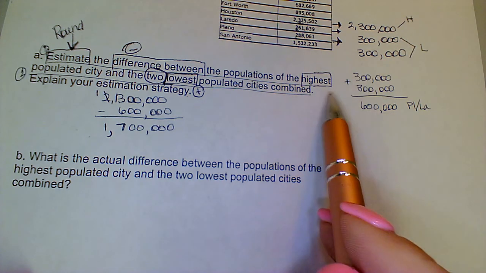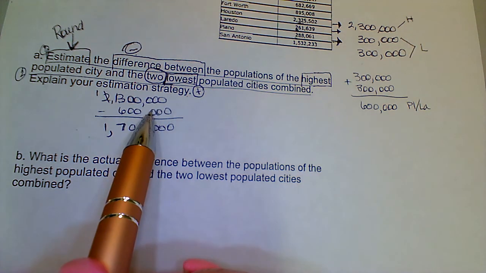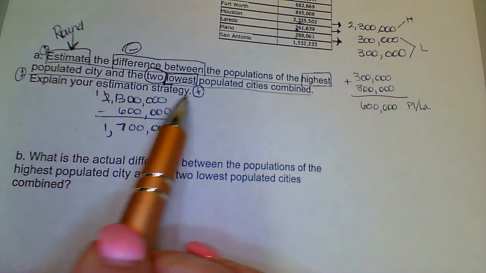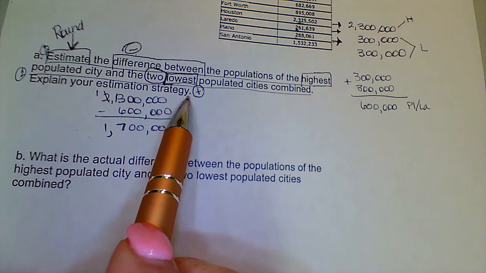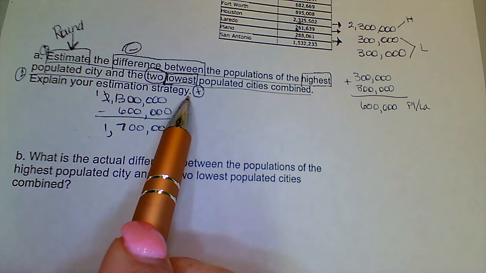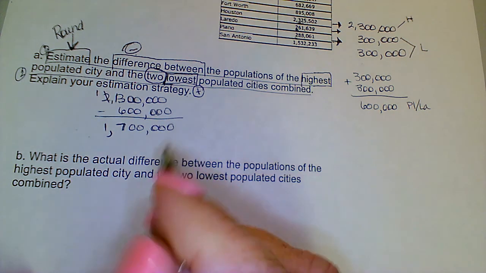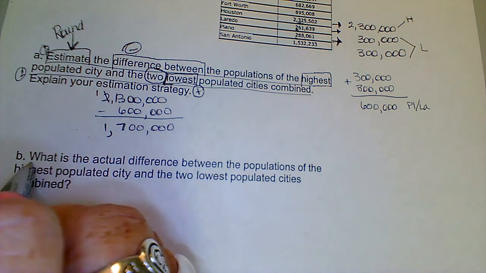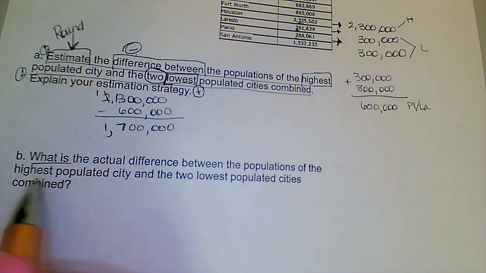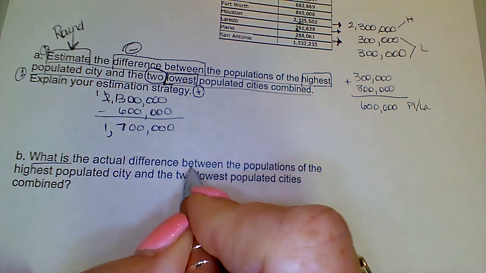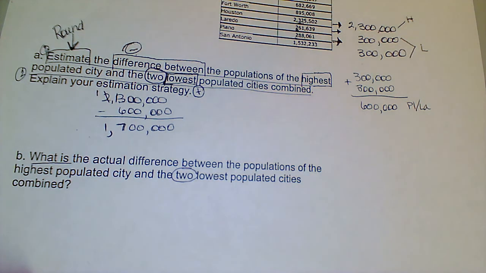We rounded here. We added here. We subtracted here. All of that strategy is being explained with that. Now, we could put it into words, but we don't have to. Okay? So, there was no numbers to circle except for the same number we circled over there.